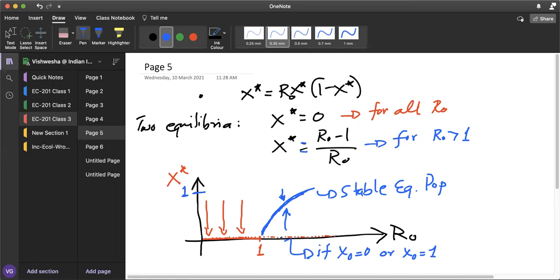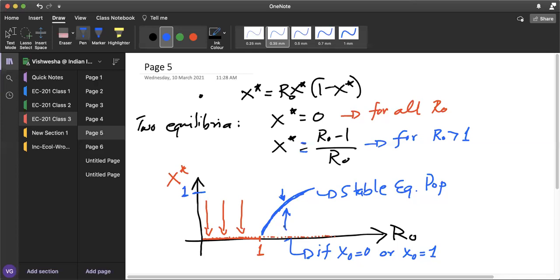Let's assume that Raghuram went and introduced a few mammals in that island. Because now R0 is greater than 1 for this population in this island, what does it mean? It means the births are more than deaths, right? So even though he has introduced a small number of these mammals, what happens now?